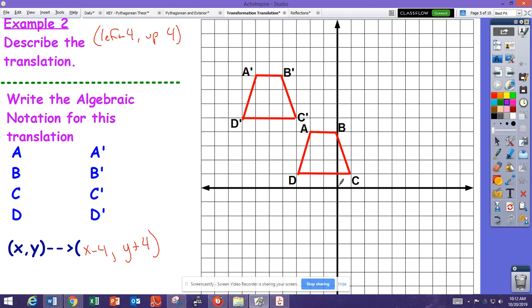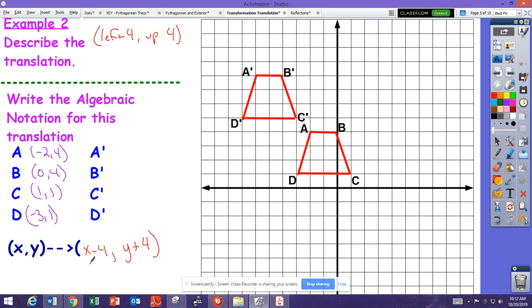So A is at -2, 4. B is at 0, 4. C is at 1, 1. And D is at -3, 1. And then I can go ahead and do the prime marks as well.